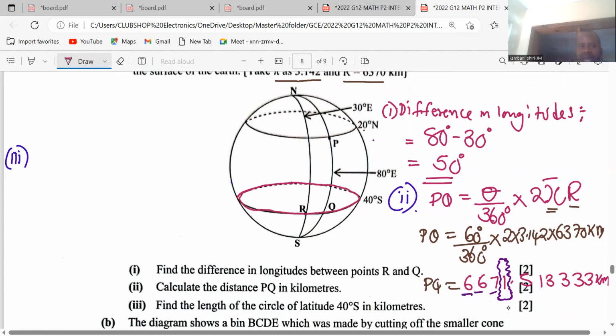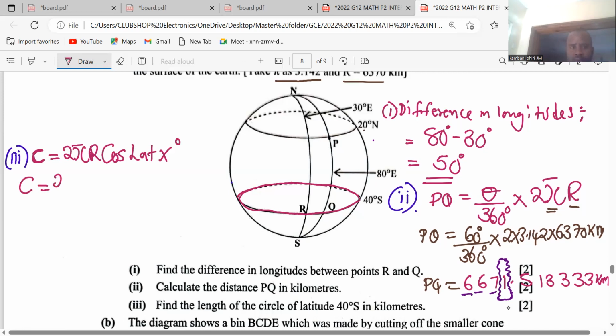All right? And the distance there is denoted by C, which is our circumference, 2πR cos x, where x is the latitude in degrees. This is the formula we are supposed to use.